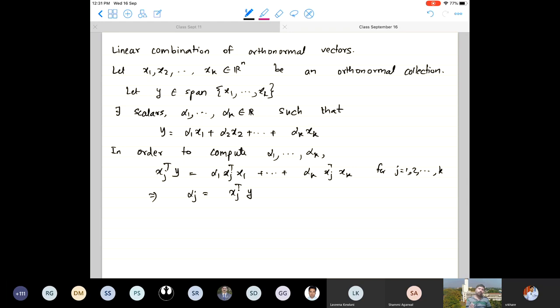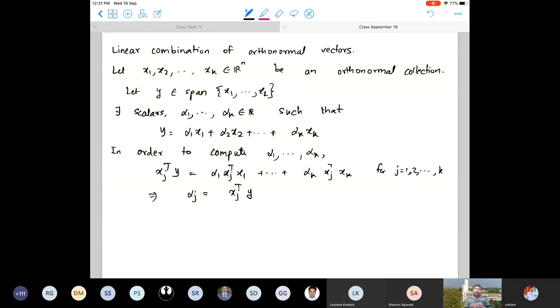At this point you have to understand that when I say a vector belongs to the span, I just know that I can write that vector as a linear combination of the vectors which are defining the span, right? That's the information that I have. But no one tells me how to actually compute those alpha 1, alpha 2 up to alpha k.